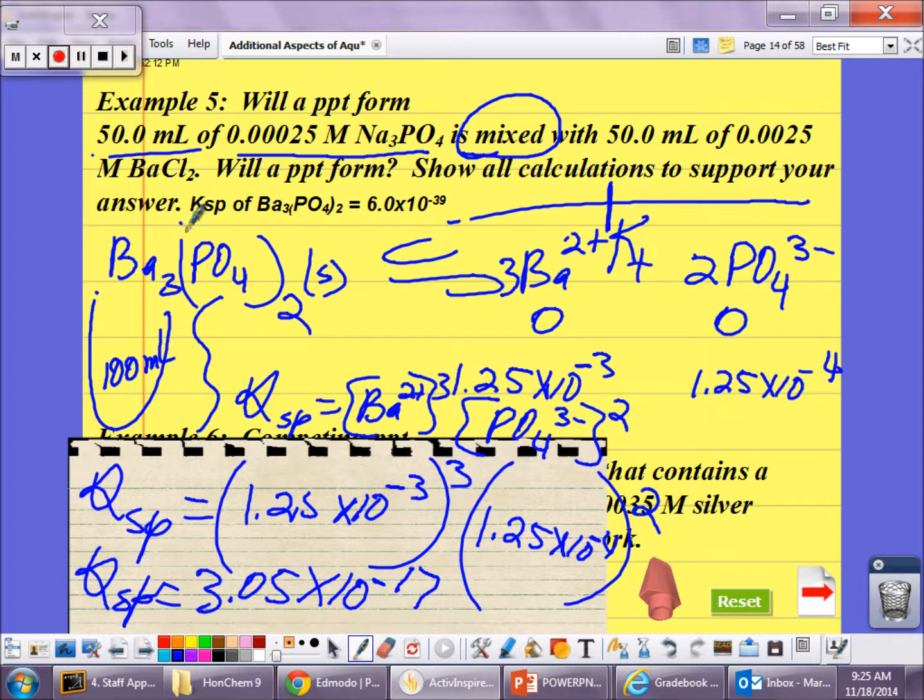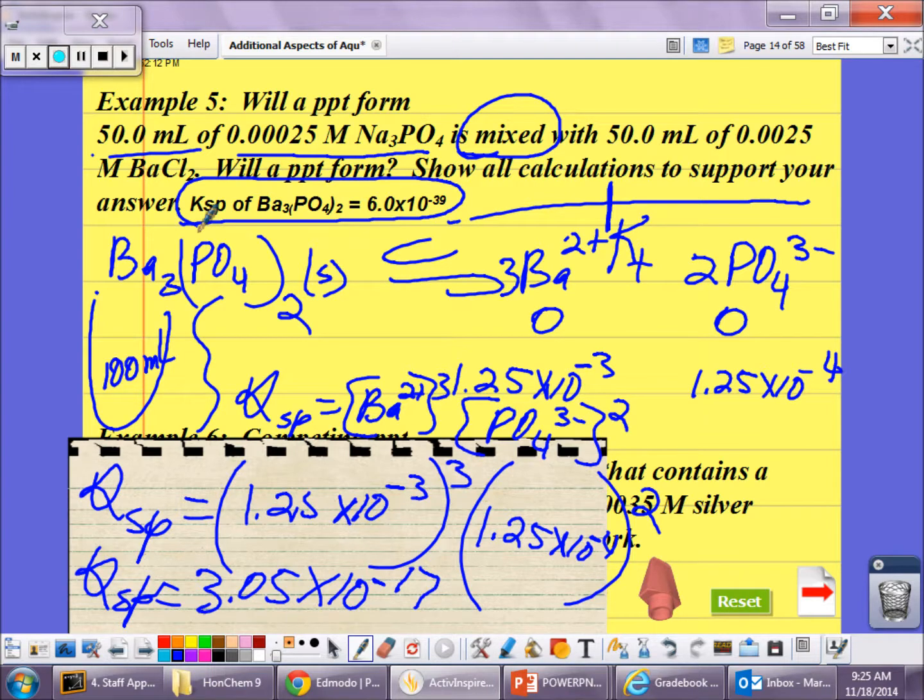I added this for you this morning so you won't have to look for it at the back of your book. K is 6.0 times 10 to the negative 39. Q is 3.05 times 10 to the negative 17.